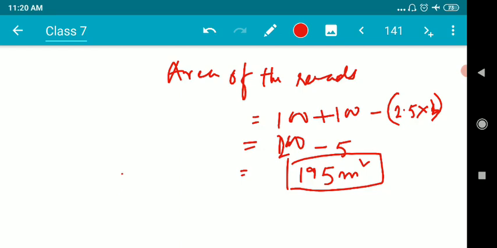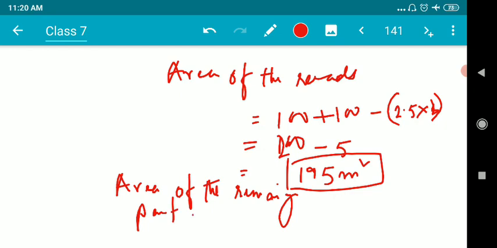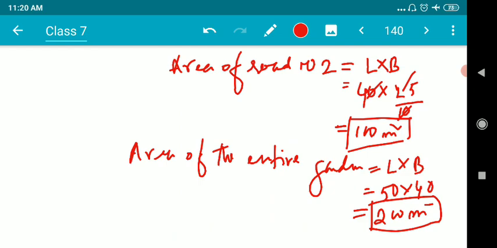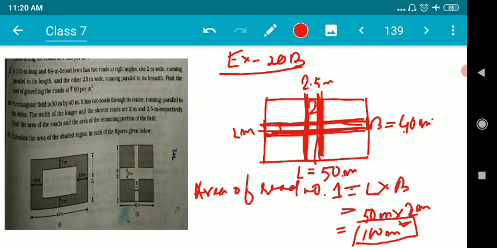Now, the area of the remaining part of the garden, or field, is equal to the following. Length into breadth, 50 times 40, gave 2000 meters square.